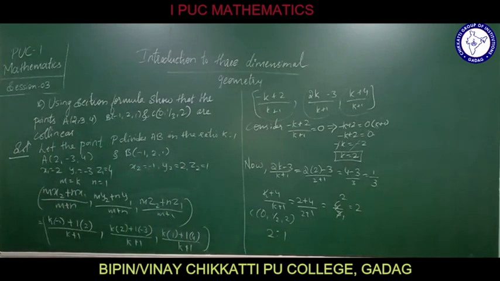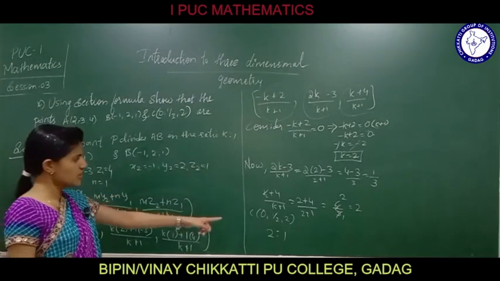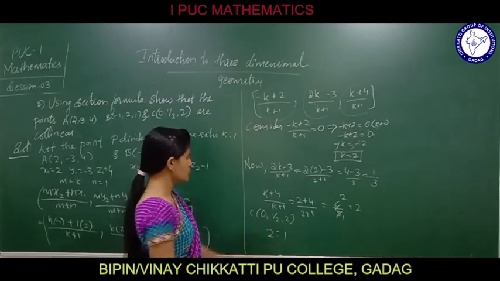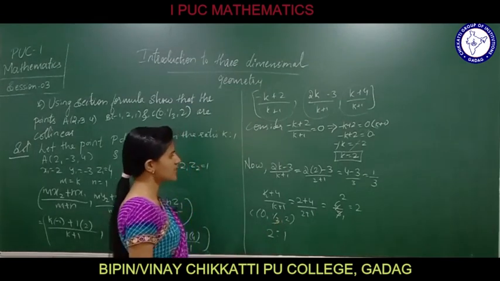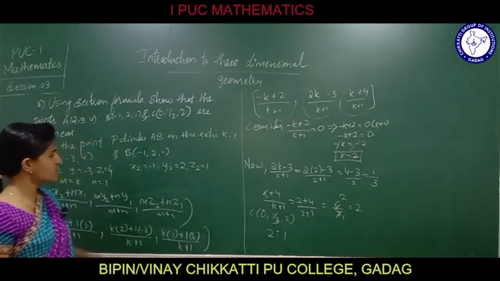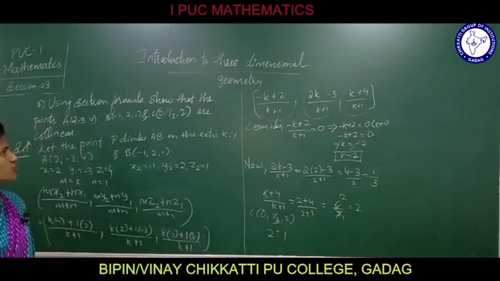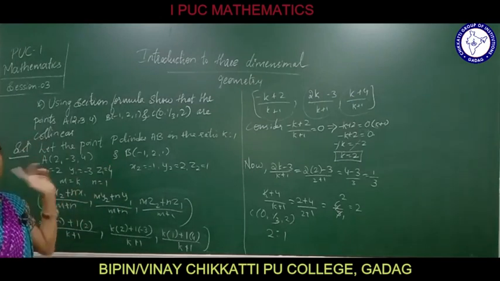It is going to divide in the ratio 2 is to 1, and the points are same as that of C. Therefore, since the points are also same, we say that A, B, C are collinear, and they are the same as P. Because we got the value of k as 2, it's going to divide in the ratio 2 is to 1, and it's going to be 0, 1 by 3 and 2. Since it is same as point P, all these points are collinear.